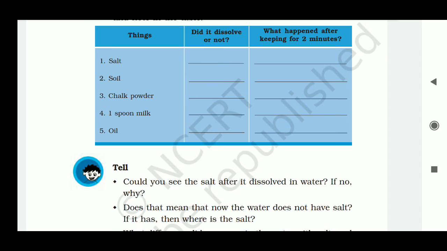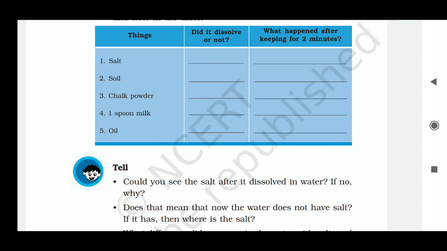What happens after keeping for 2 minutes? Salt dissolves in water. Soil, after keeping for 2 minutes, will settle down. Chalk powder will settle down. And milk: in the first observation, you will think that it dissolves in water, but after some time, you will find the color of water changes.